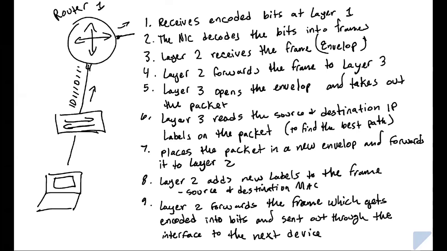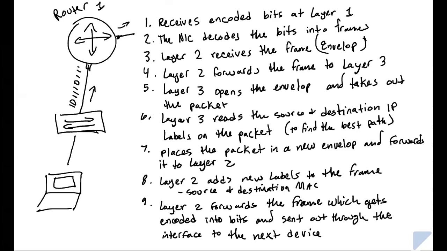Layer 3 opens the envelope and takes out the packet. Layer 3 reads the source and destination IP address labels on the packet. It is going to use this IP address to find the best path through the network to the destination. Once it finds the path to the destination, it places the packet into a new envelope and forwards it to layer 2.